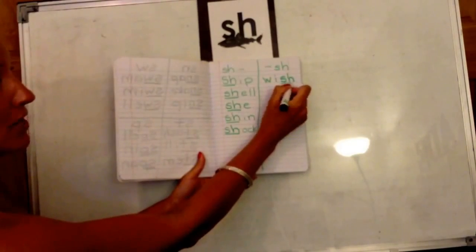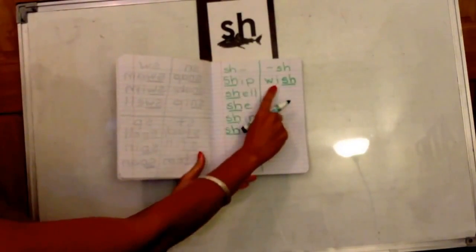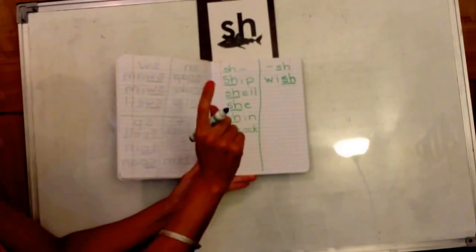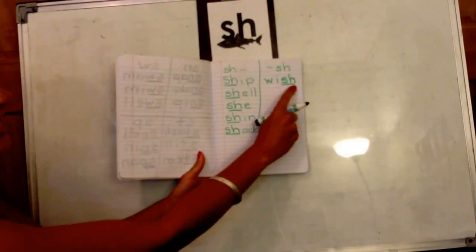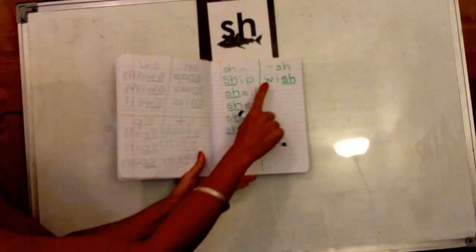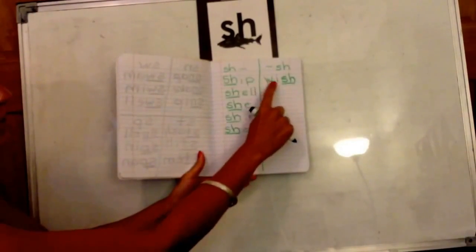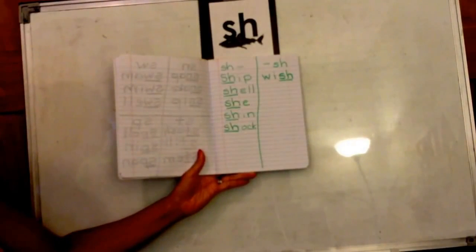And I'm going to underline it here. Now, some of you might remember when we were learning about short I, Annie Inchworm, that the ish word pattern was ISH. But go ahead and underline SH, and let's make sure that you write WISH in your word study notebook.